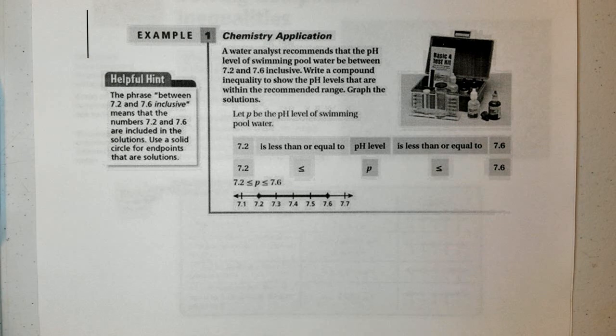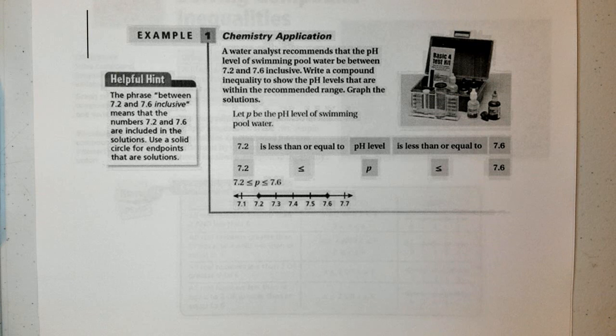It says a water analysis recommends that the pH level of a swimming pool water be between 7.2 and 7.6 inclusive. Write a compound inequality to show the pH levels that are within the recommended range. Graph the solutions. Inclusive means that the numbers 7.2 and 7.6 are included in the solution.